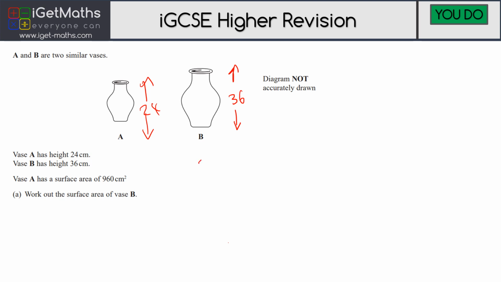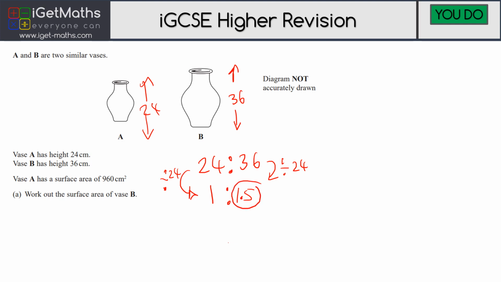So we'll get the two heights and use the ratio 24 to 36. We want to get this to the ratio of 1 to n, so we're going to divide by 24. That'll give us 1. 36 divided by 24 will give us 1.5. That now is the length scale factor.